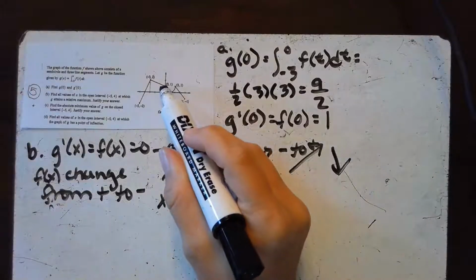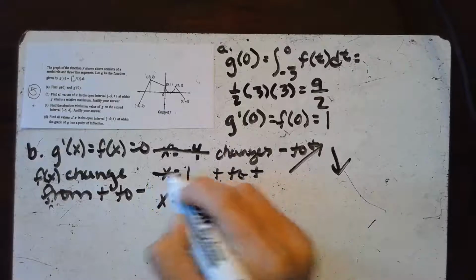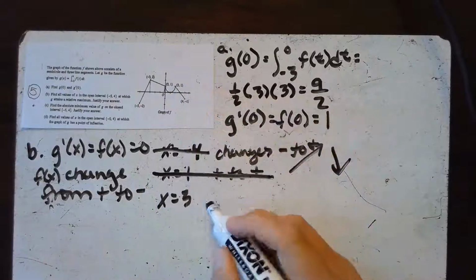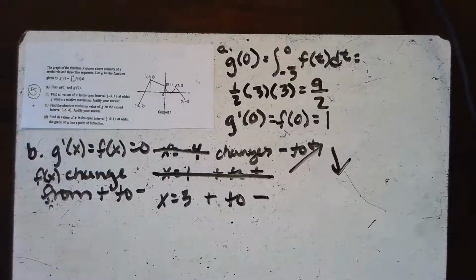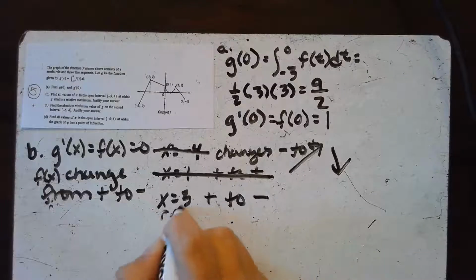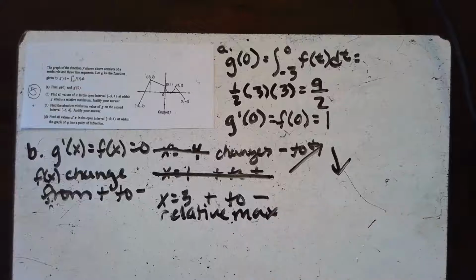Now at 1, it's positive and then positive, so it's not that. And then 3, it changes from positive to negative. All right, so therefore I have a relative max at x equals 3.